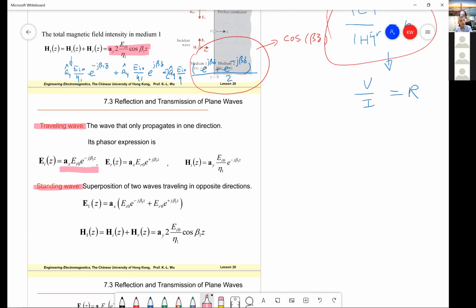This is a traveling wave. That means a traveling wave never comes back. You travel from one point to another point.